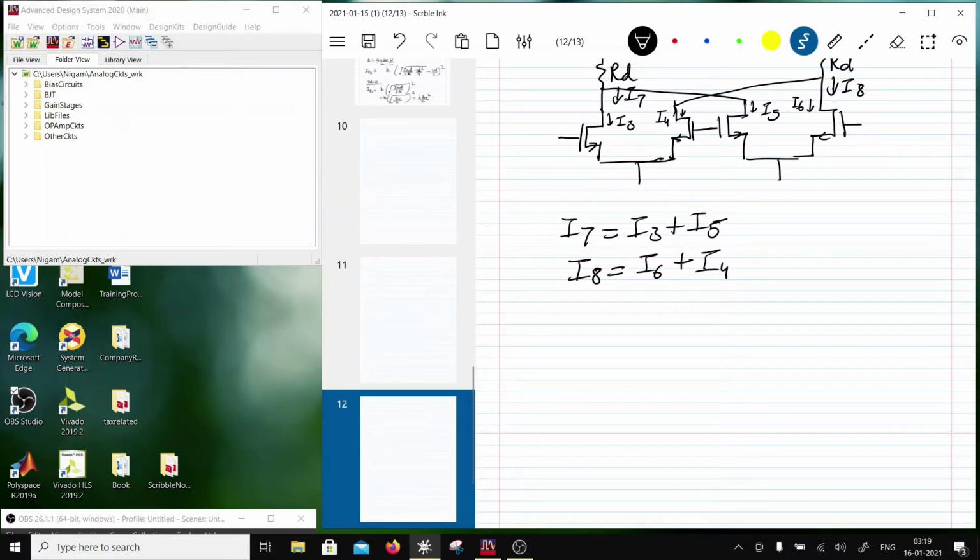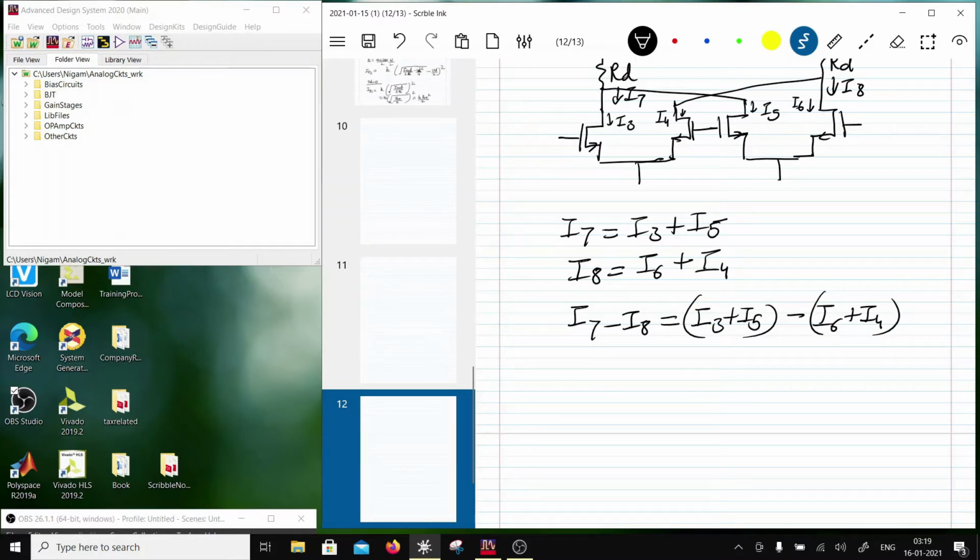Then the difference of the two currents, I7 minus I8, would be the output difference, which I can write as I3 plus I5 minus I6 plus I4.